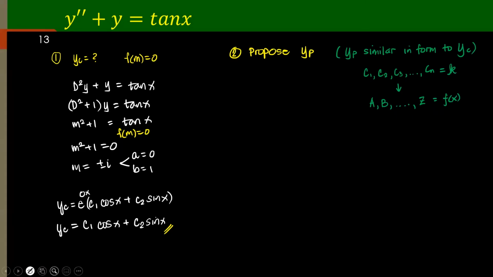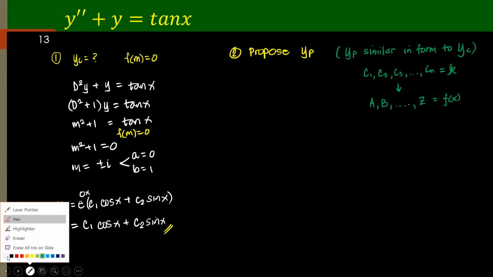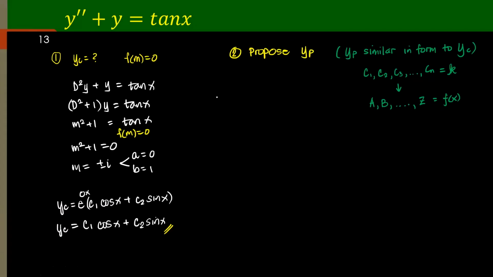So if I would propose a YP, I can say that my YP would then be A cosine of x plus B sine of x. However, we have to take note that A, B, and so on are functions of x.